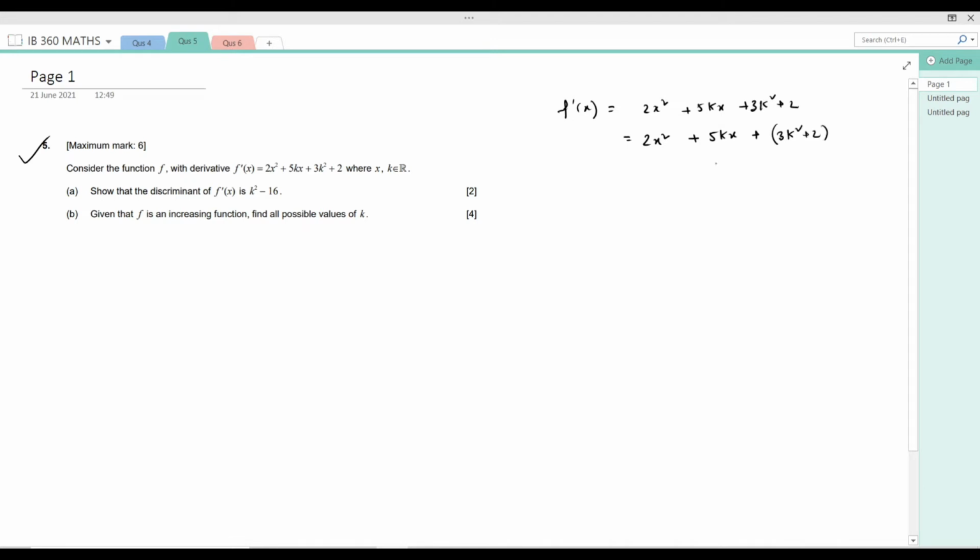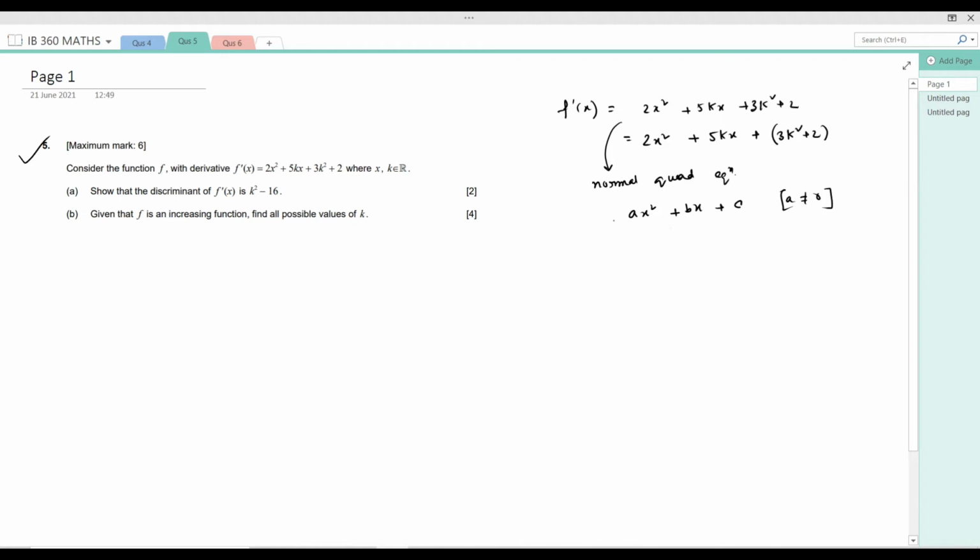Now if we compare this equation to a normal quadratic equation, it is ax square plus bx plus c, where a is not equal to 0. This is very important to write for any quadratic equation.